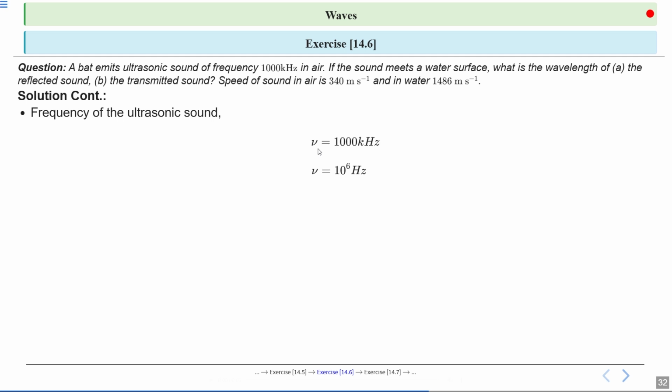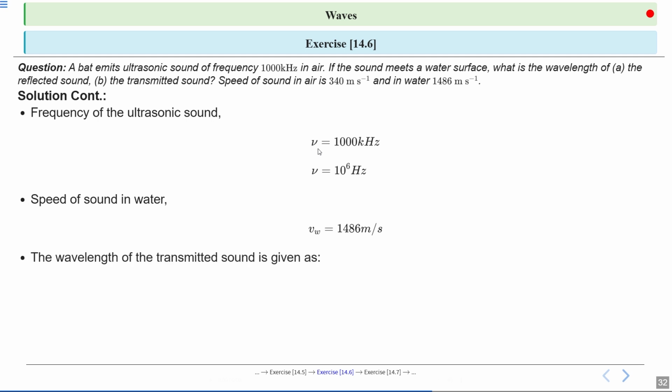So nu equal to 10 raised to the power 6 hertz. Speed of sound in water Vw equal to 1486 meter per second. So the wavelength of the transmitted sound is given as lambda t is equal to 1486 divided by 10 raised to the power 6. Lambda t equal to 1.49 into 10 raised to the power minus 3 meter.